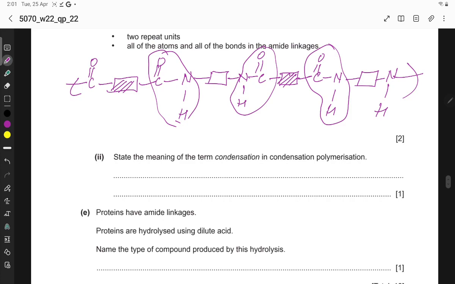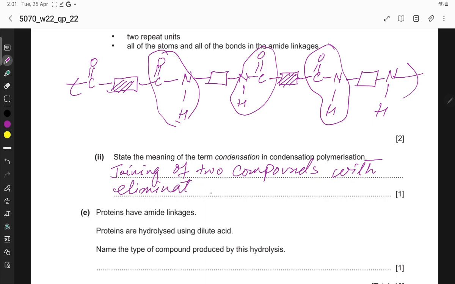State the meaning of the term condensation. Joining of two compounds with elimination of small molecules like water or HCl.